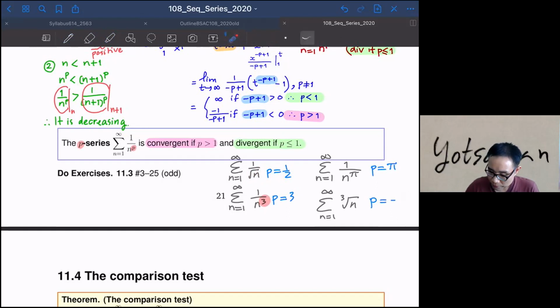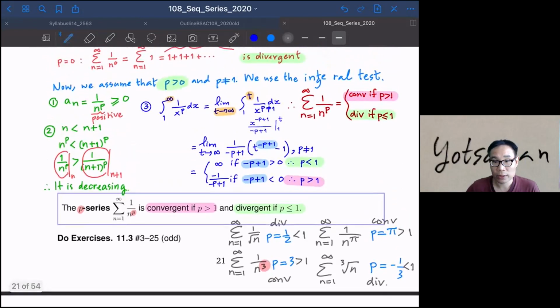And so you're going to answer convergent or divergent. For p equal to 1/2, it's going to be less than 1, so it's divergent. p more than 1 is convergent. Pi is more than 1, so it's convergent. And negative 1/3 is less than 1, so it is divergent.